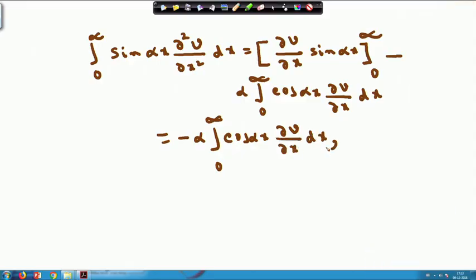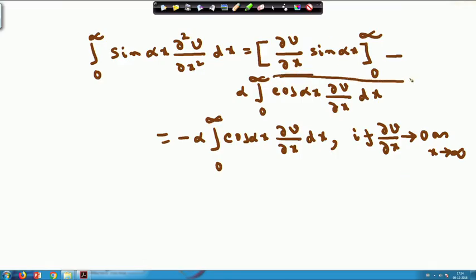I can write this if and only if, in the first part, for x equals 0 this part vanishes, that is fine. But for x equals infinity, this will be true only when del v del x approaches 0 as x approaches infinity. Then only this entire term will vanish.